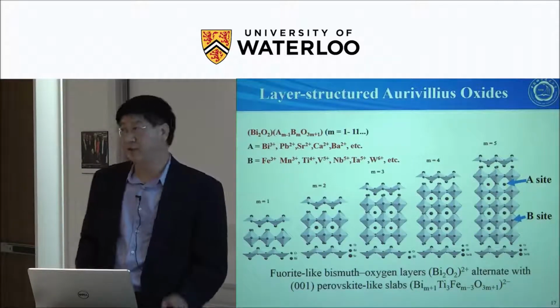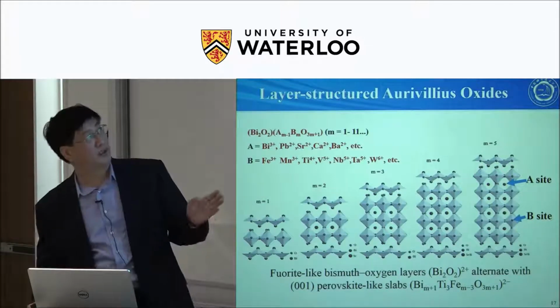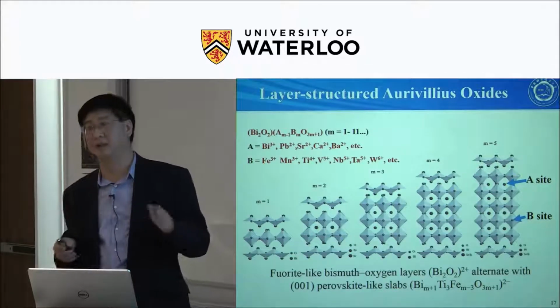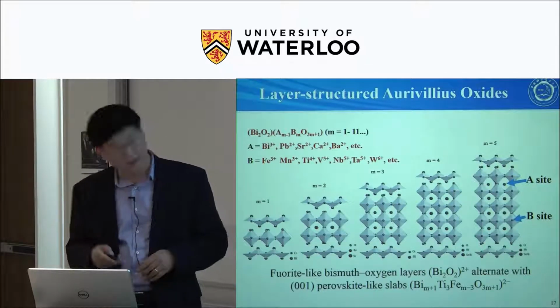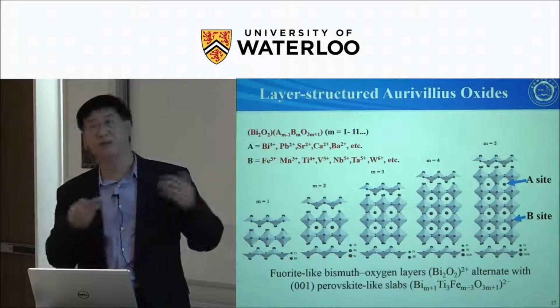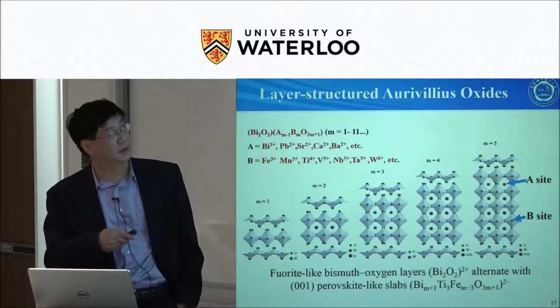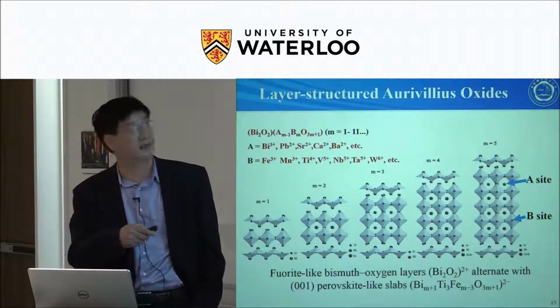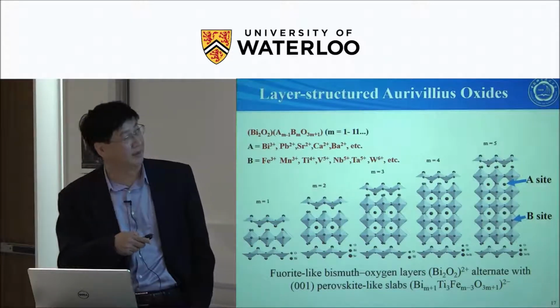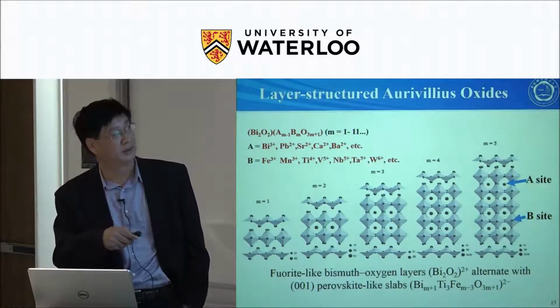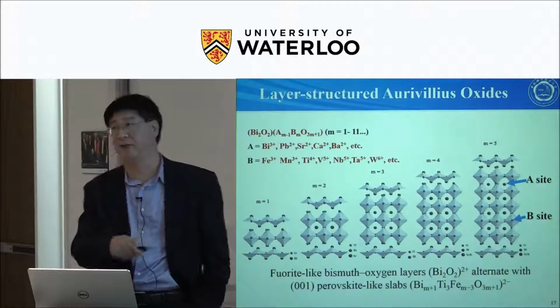So I move to the second part, the material. The material system I have been working on is a very old material system, called layered oxide material. How old is it? More than 100 years. This is a bismuth oxide layer, and this is a perovskite layer. So we call this a 1 layer, 2 layer, 3 layer, 4 layer, and 5 layer.